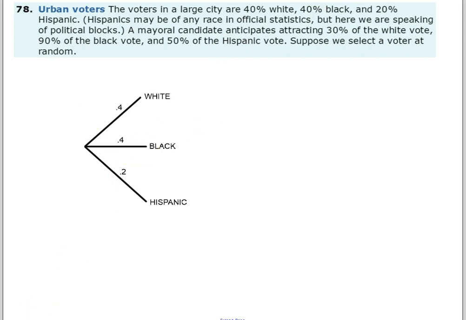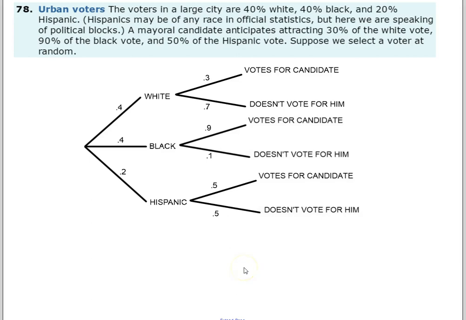Then we'll do the second layer. Now in the second set of branches, we deal with the conditional vote. He anticipates that 30% of the white voters will vote for him, 90% of the black vote will go to him, and 50% of the Hispanic vote.